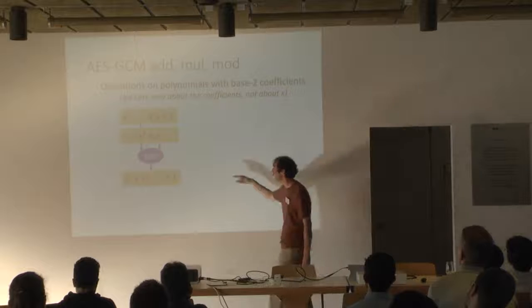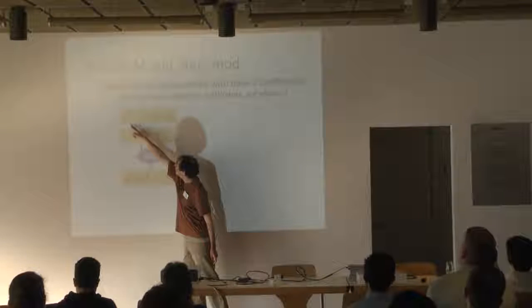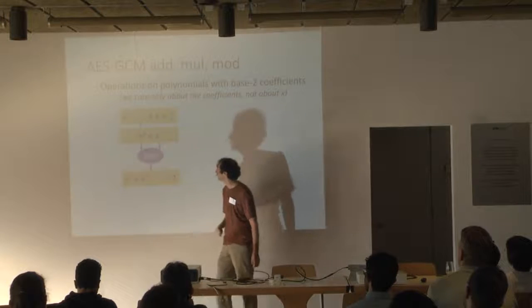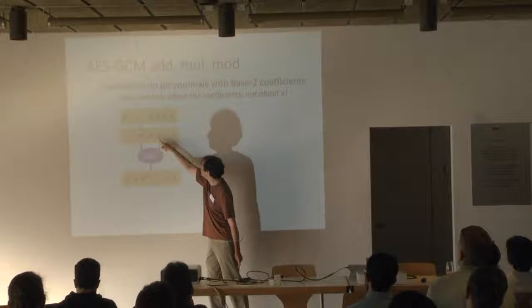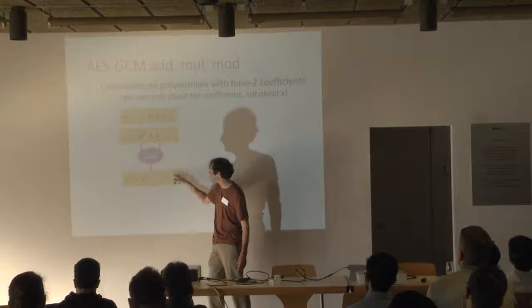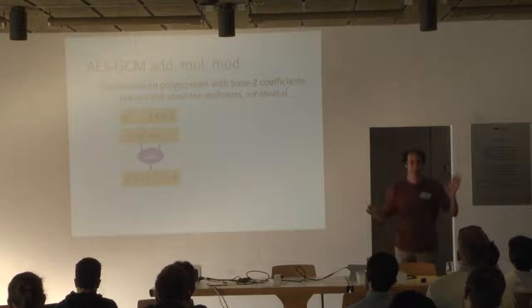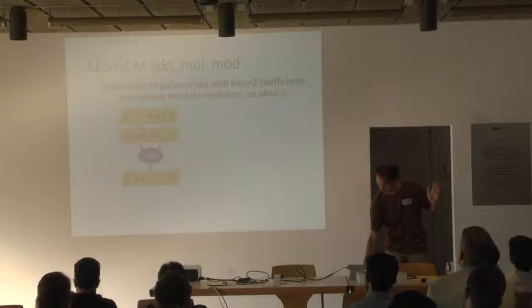So for example, if we add, here we will add 1 times x to the third plus 0 times x to the third to get x to the third. But this x term here, 1 times x plus 1 times x is 2 times x, which is 0 mod 2. And it turns out we don't actually care about the x's, we just care about the coefficients, whether they're 1 or 0.